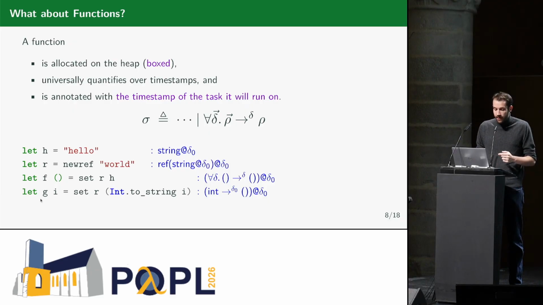However, if we have this function j that takes as parameter an integer i and sets r to be the string representation of i, then intToString will generate a new string, allocate a string, and because r contains a string at delta 0, we need this string to be itself at delta 0. So the whole function has to be called at timestamp delta 0.